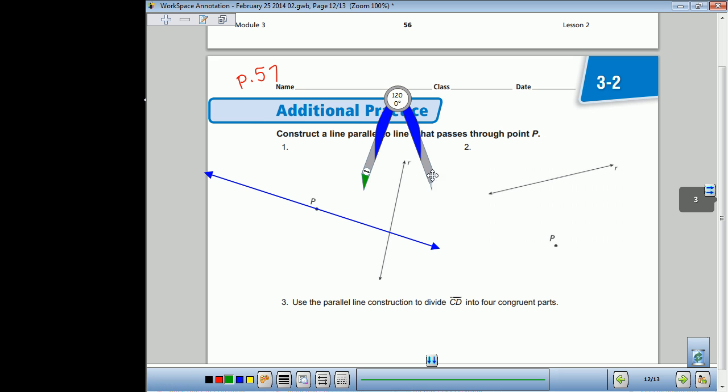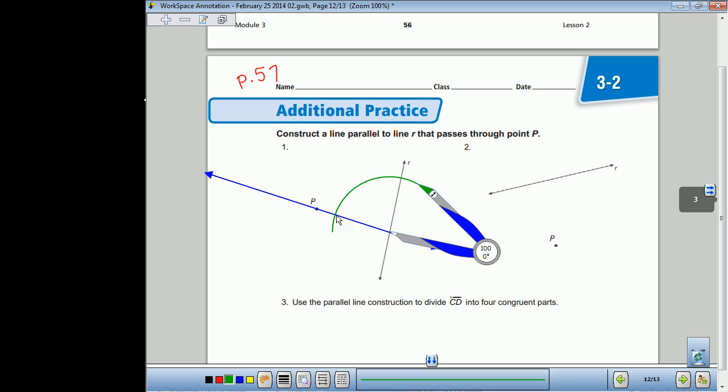Okay, now take the compass and put the pointy end at that intersection. Pointy end in at the intersection, make it smaller than P. Make it go a smaller distance than from the intersection to P. And then make a big arc.